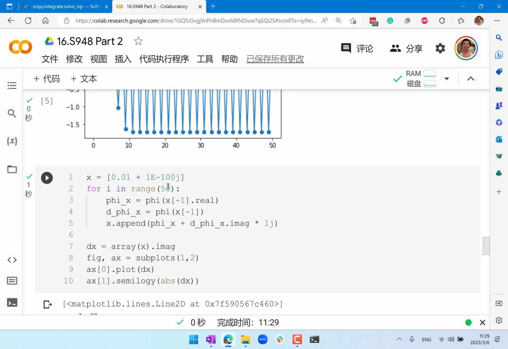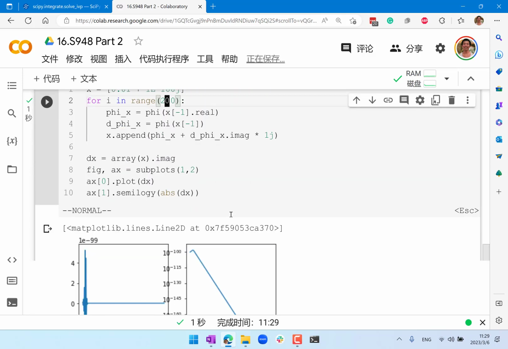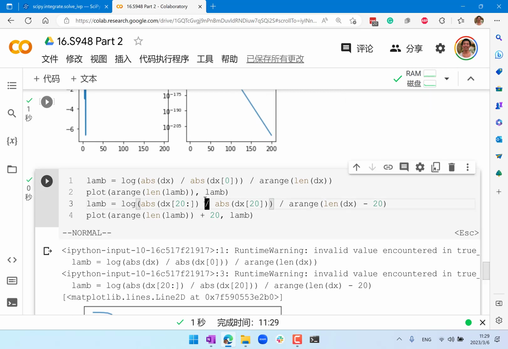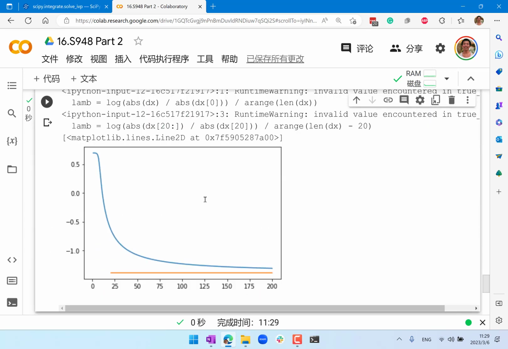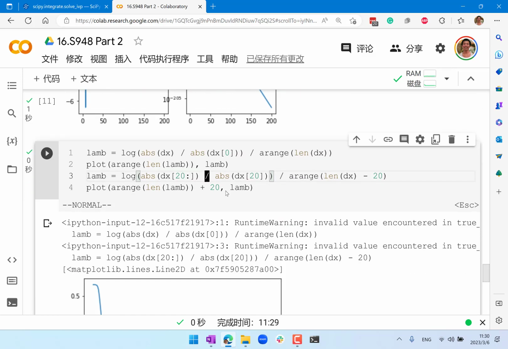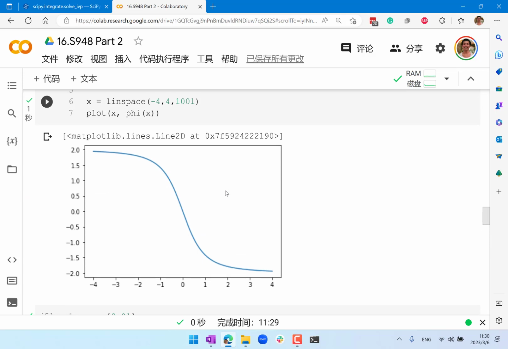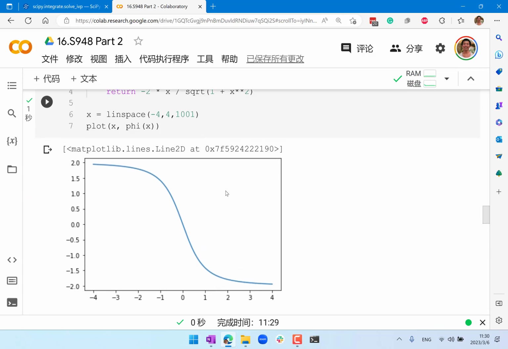So if we run it for a lot longer, let's say 200, and we then run these, we should see that the blue line approaches the orange line at a rate of 1 over the number of steps. Okay, so in this case, we should actually be able to analytically compute what the Lyapunov exponent is, right?